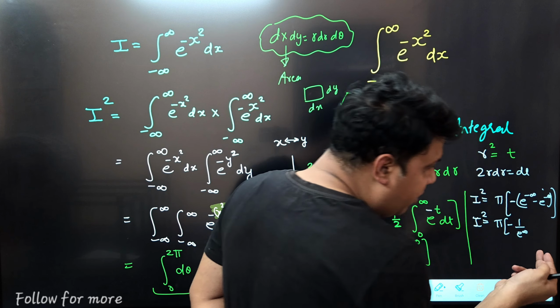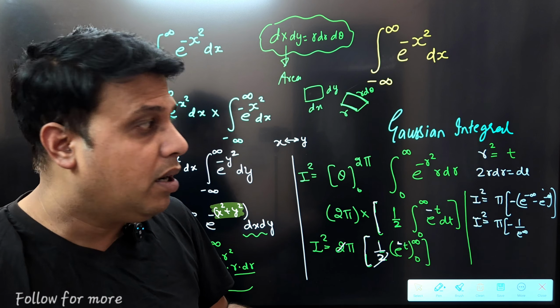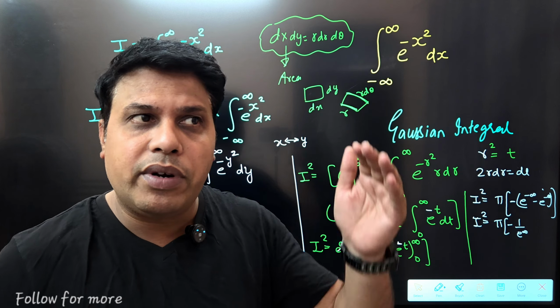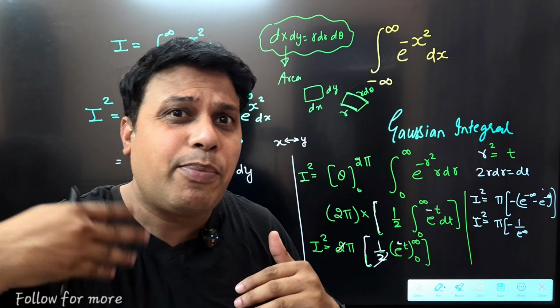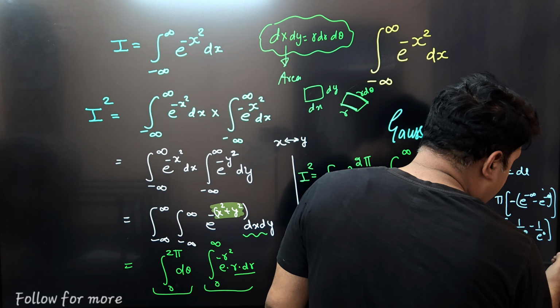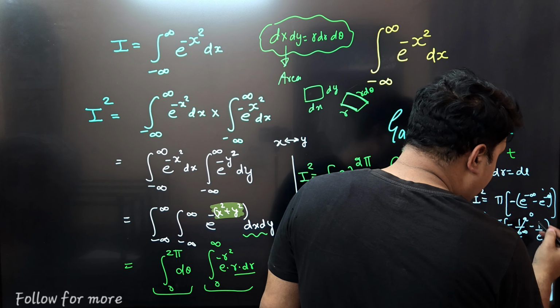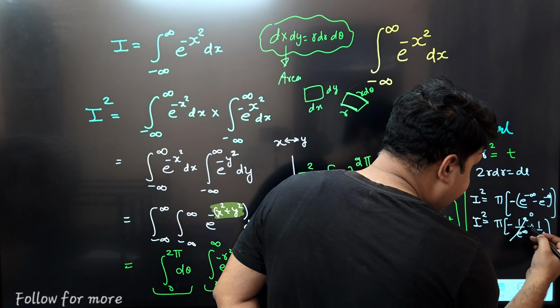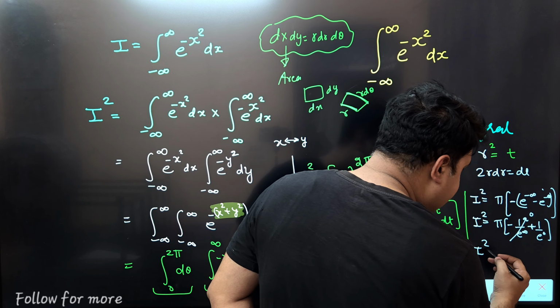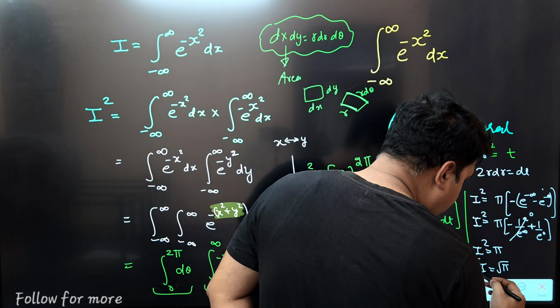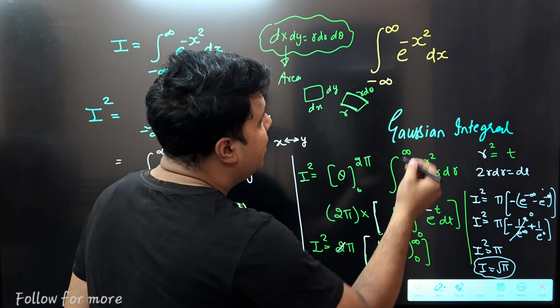If you take 1 upon infinity, it is approaching 0, since dividing 1 by any big number approaches 0, right? And this is 1 upon e power 0, which is 1. So this is going to be 0 approaching to 0, and this is going to be 1. And negative will make it positive, right? So I square is π. So I is nothing but root π. So the value of this I is root π.